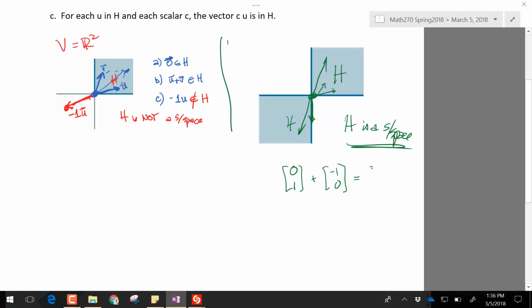What's this? So negative 1, 1. Oh, so it might not work, huh?